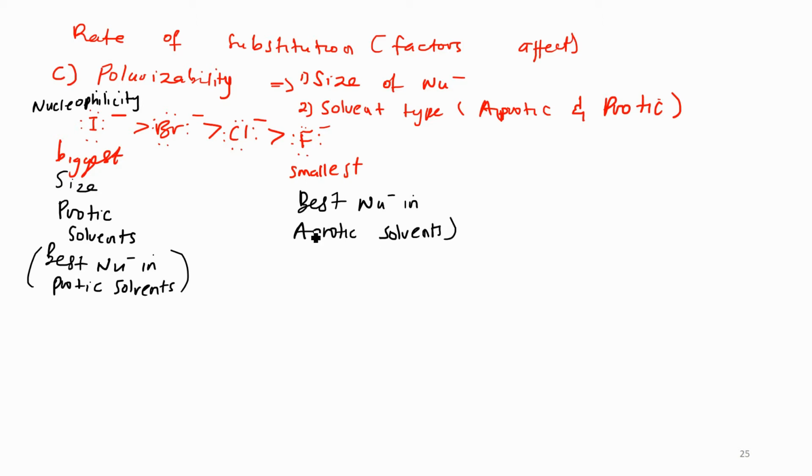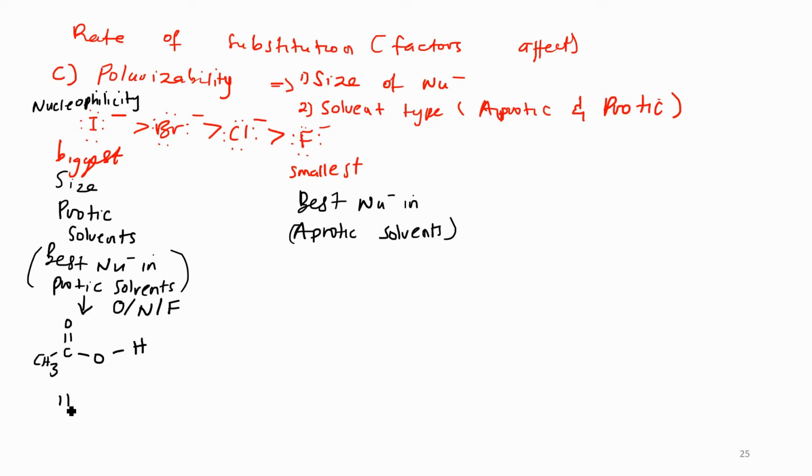Can someone give me an example of a protic solvent? Acetic acid. Okay, and why do you think acetic acid is protic? Because it has the carboxylic acid on it. It has the hydrogen attached to the electronegative oxygen. Correct. Protic solvents are solvents which have hydrogens bonded to oxygen, nitrogen, or fluorine.